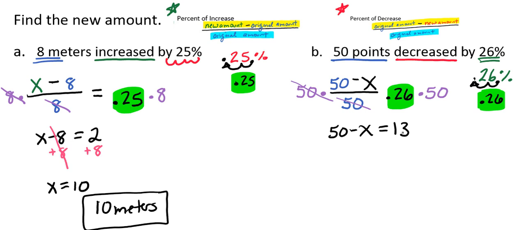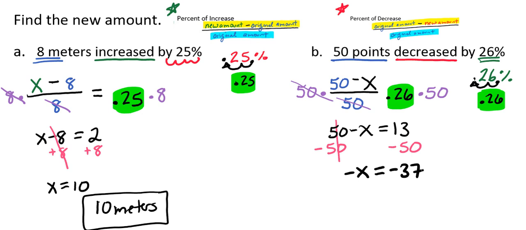Then I'm going to do the inverse operation of a positive 50, which is a negative 50. I'm going to subtract 50 from both sides. That's going to leave me with a negative x equals a negative 37.